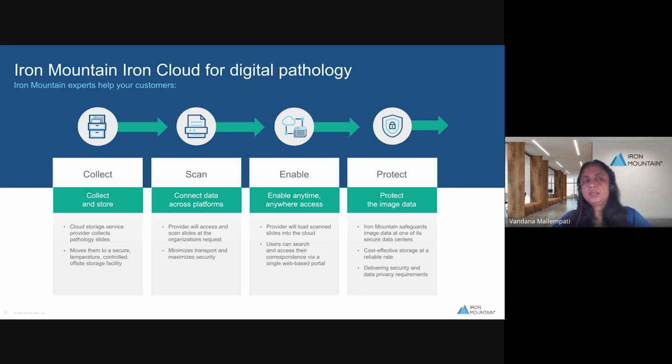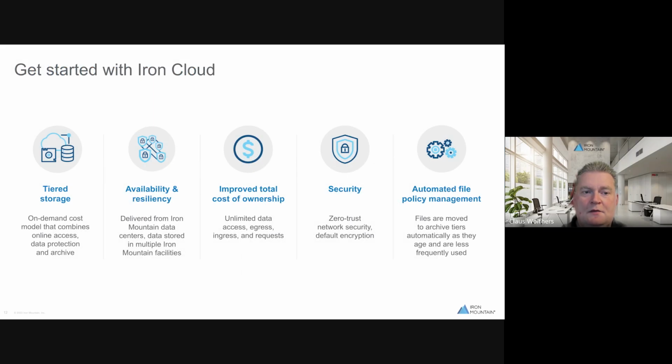And inherently, the Iron Cloud protects the data. I will let Klaus, my coworker, talk a little bit more about how Iron Cloud is used in digital pathology. All right, thank you, Vandana. Now I'd like to discuss Iron Cloud. Iron Cloud is where we store the images, as well as the value proposition to you.